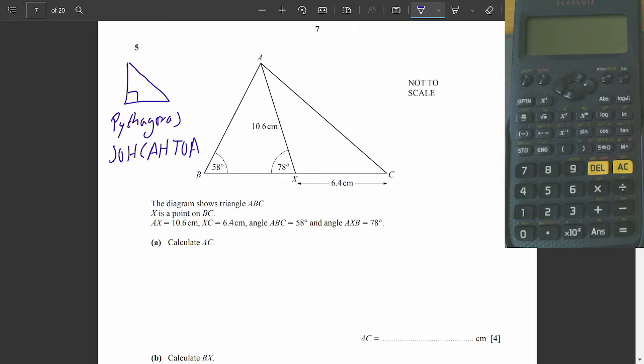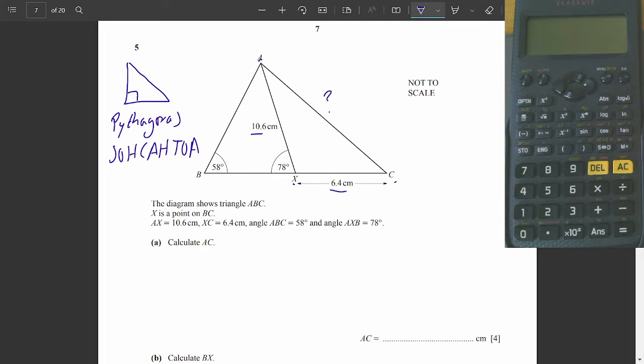So let's look at the first question. Okay, they give us a lot of information, which we can see there. Calculate AC. So AC over here is in triangle AXC. What do we have in triangle AXC? We got 6.4 centimeters. We get 10.6 centimeters.